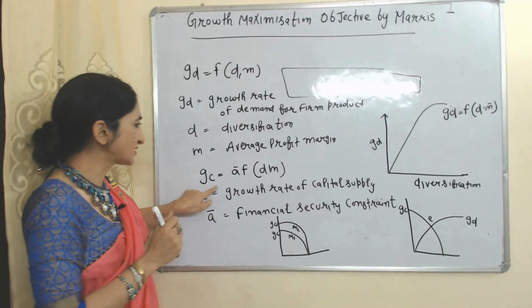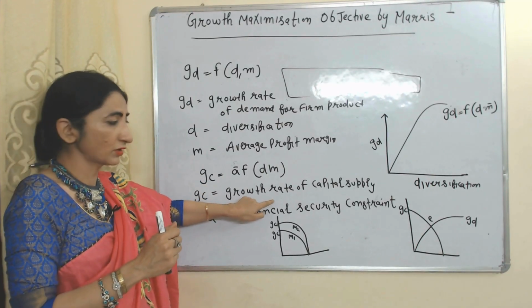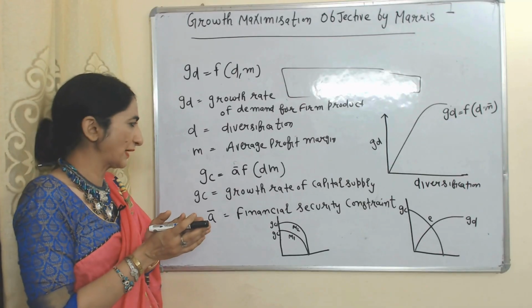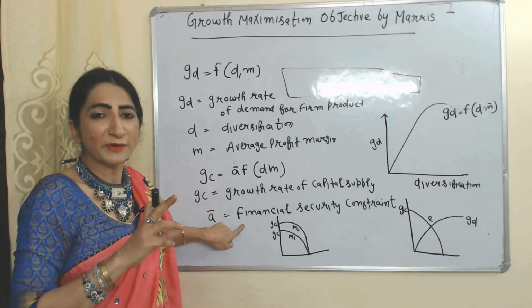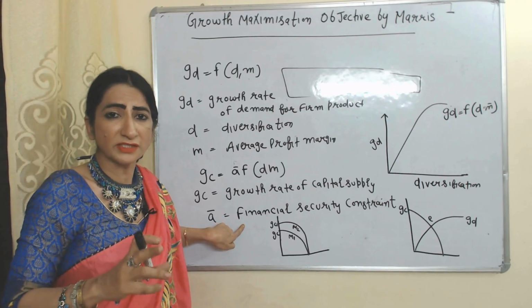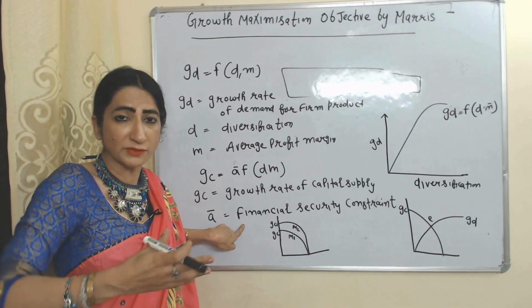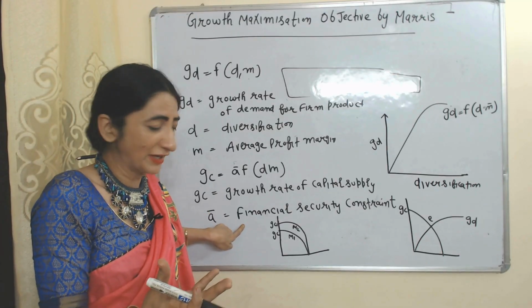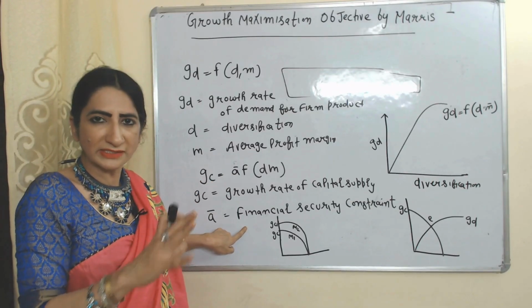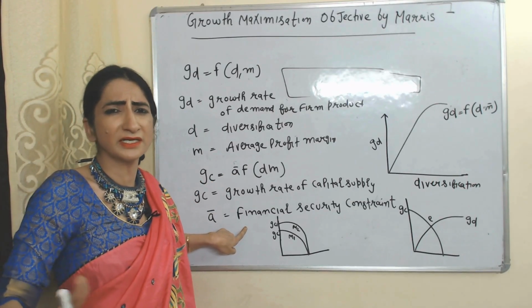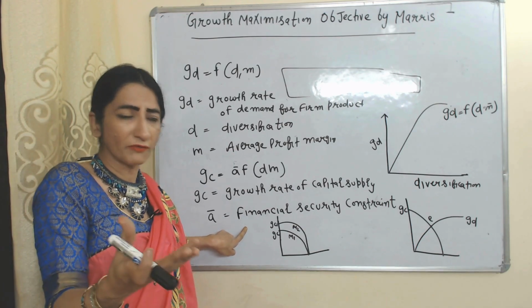Here GC is the growth rate of capital supply. Here A bar is the financial security constraint. Financial security constraint means the obstacle that a firm faces while arranging external funds. A bar represents that we assume the financial security constraint is constant because it mainly depends on the risk attitude of the manager.